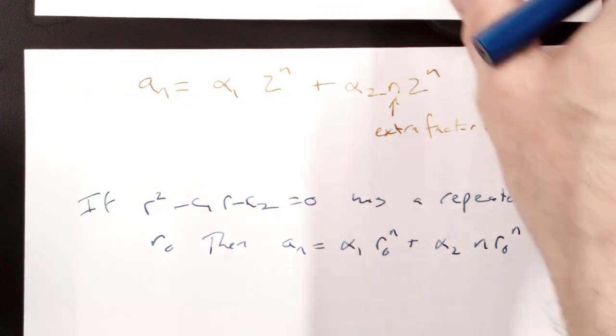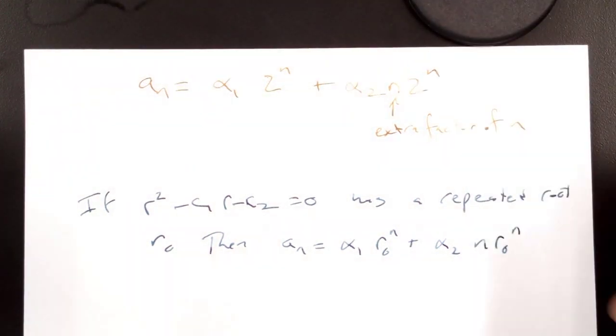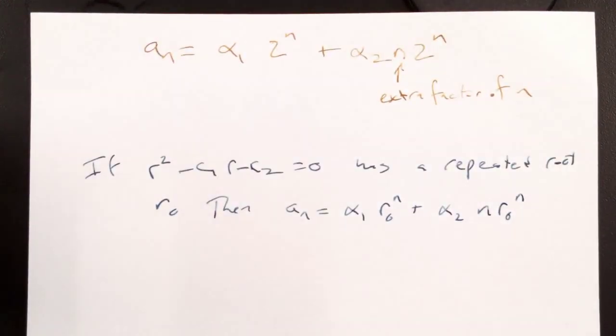And that extra n showing up in there is what makes my solutions independent of one another and allows me to then use the same process of solving for R1 and R2.